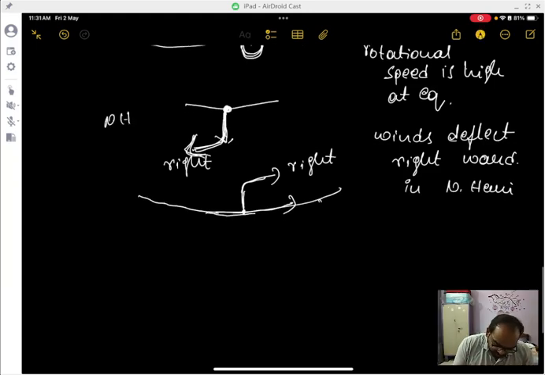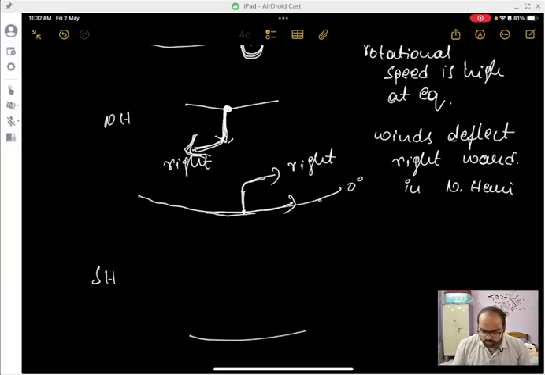So similarly we take southern hemisphere. So it is equator, polar area. Again here high speed, here low speed. So wind traveling from low speed area to high speed area, what happens? It deflects behind. Earth is traveling in this direction, so it deflects behind. From here it is deflecting behind, that means it is left.